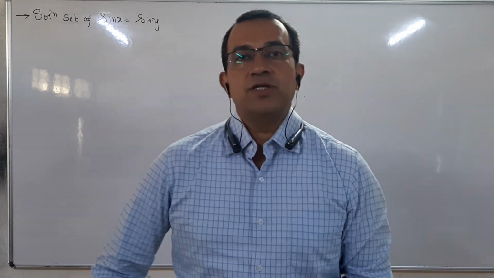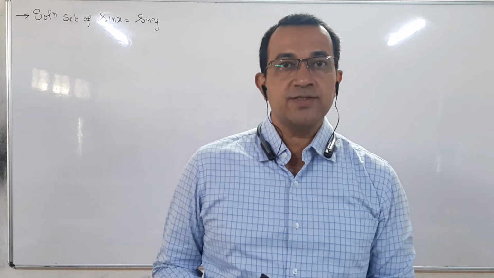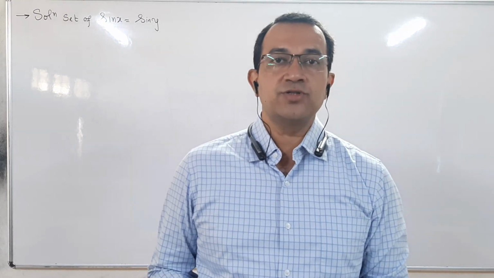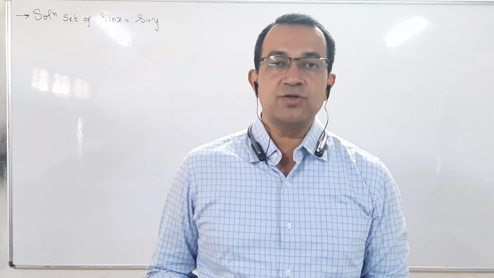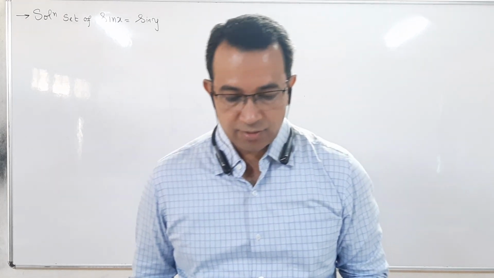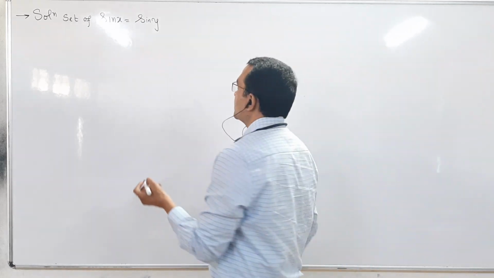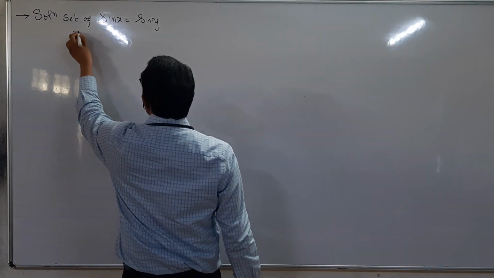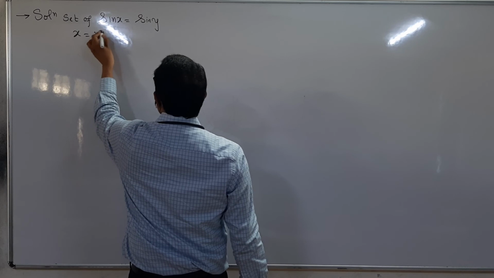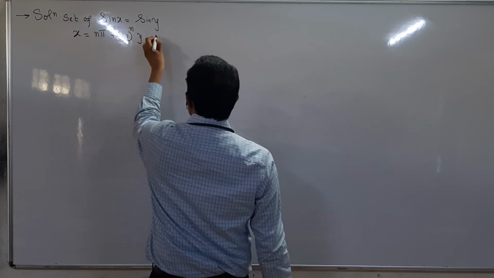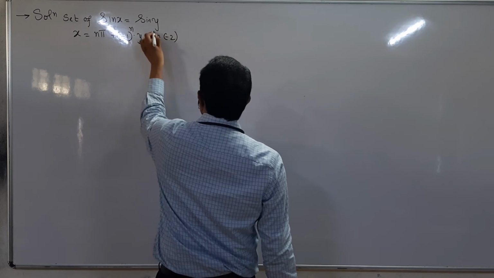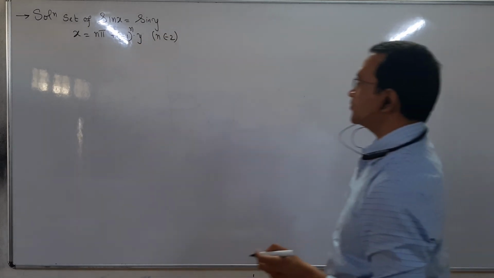Whenever, students, we have to find the solution or solution set of any trigonometric equation, it should be written in this form. Then, students, the solution set is x is equal to n pi plus minus 1 raised to n into y, where n belongs to the set of integers.